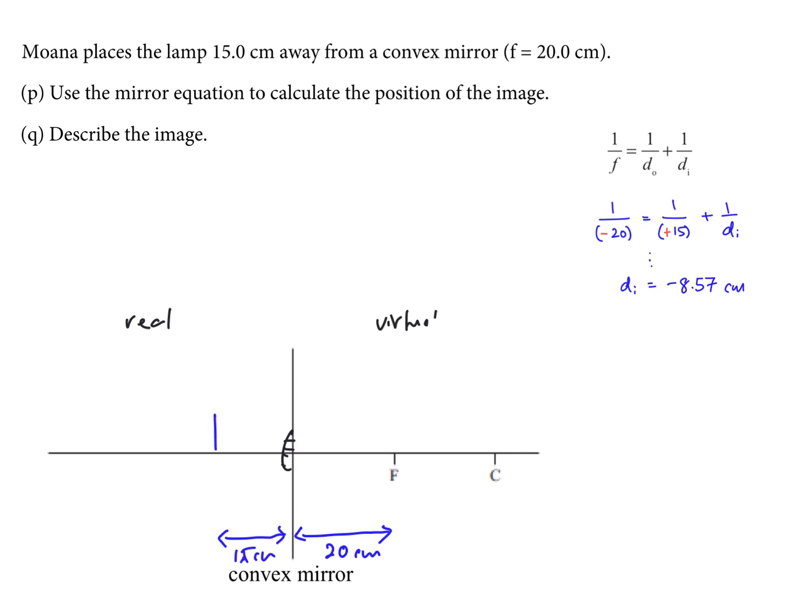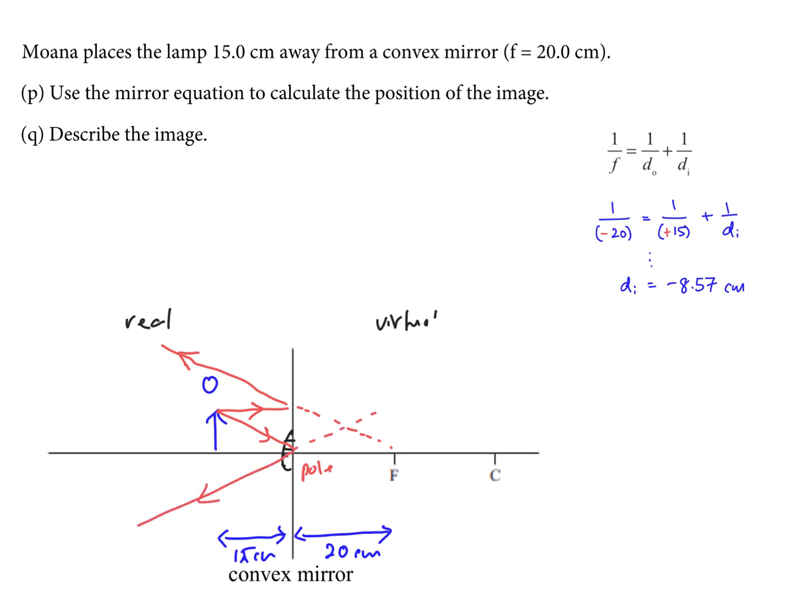So let's put our object, and indicate it with the letter O. Let's draw our light rays. So the light ray that's going to be parallel to the principal axis is going to be reflected in this direction. And the light ray that is reflected off the pole is going to be reflected off in this direction approximately.